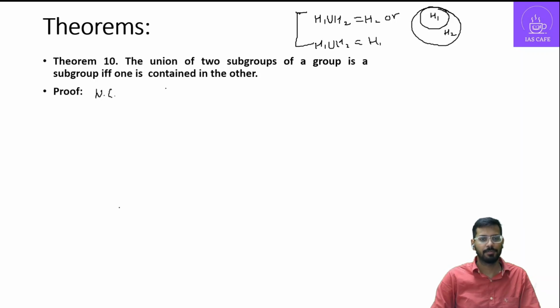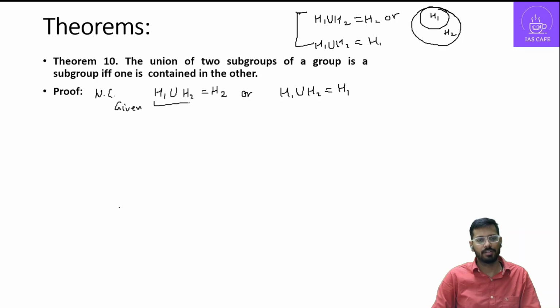Necessary condition means if we take H1 union H2 is equal to H2, means this H2 contains H1, or H1 union H2 is equal to H1, that means H1 contains H2. ठीक है, that is given.